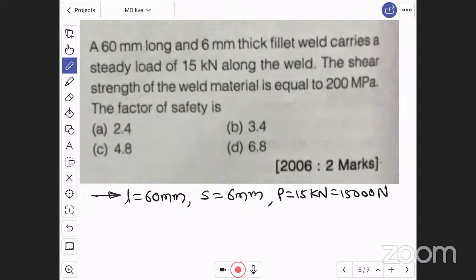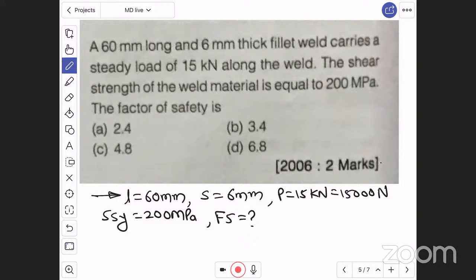Then the shear strength of weld material, that is SSY, is 200 MPa. Then they are asking, what is the factor of safety? They have provided option A, option B, option C, option D. There are 4 options.